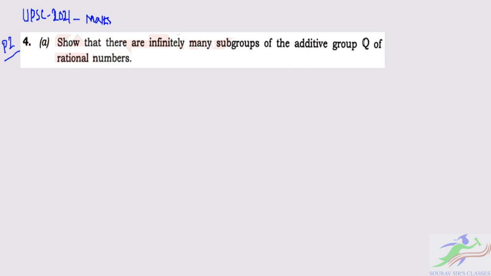It says: show that there are infinitely many subgroups of the additive group Q of rational numbers. So what to do?